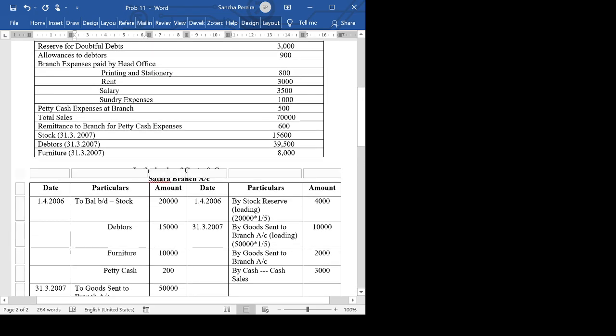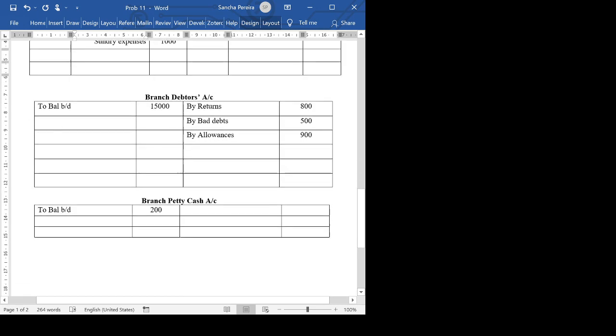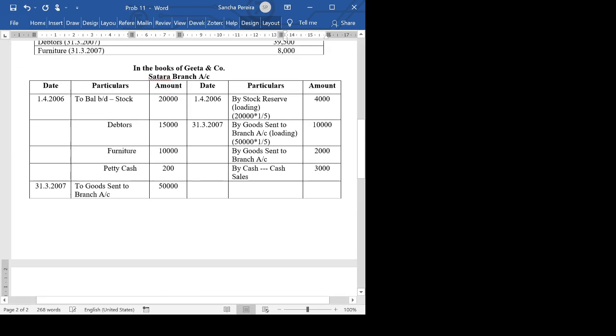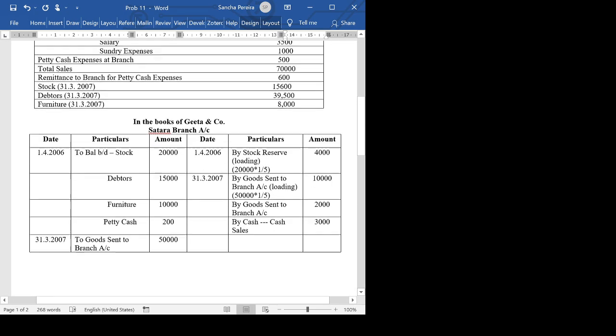Okay, then we come to petty cash expenses at the branch 500. The expenses paid by the branch, so it's going to come on the credit side. By petty cash expenses, that is 500.